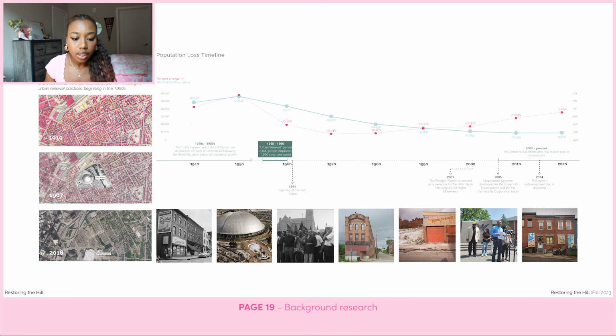The maps on the left side, one of which you might recognize as my cover image, show the visual change in the urban fabric of the neighborhood from its height to today, where the area I'm talking about is now a big parking lot. So you can physically see the urban history manifested in the fabric of the neighborhood. And that's how I think it ties to urban design, because you can directly see the urban impacts from above.